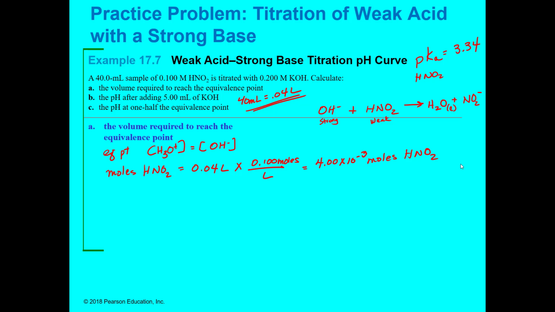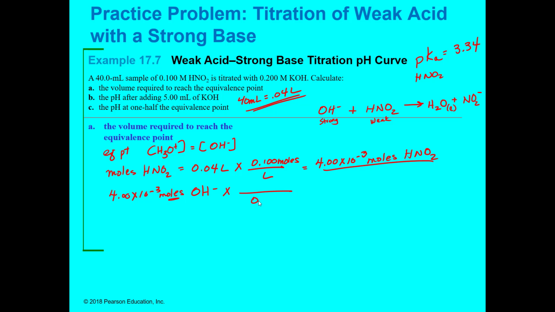So that's a concentration. That's how many moles I have, right? So then I can go to my KOH. So at equivalence, it also has to equal that. So I can figure out the volume by putting that I have 4 times 10 to the minus 3 moles of OH, okay, KOH in this case, times what? This time moles has got to be on the bottom, right?